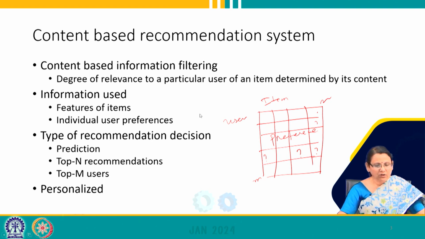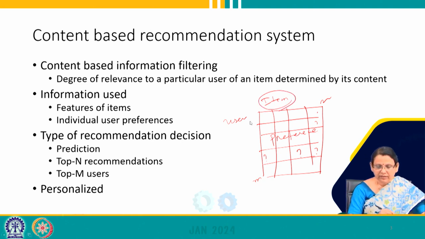So, now in this content based information filtering system, the content of the item is very important. Now, what do we mean by content of the item? Consider the case of a news recommender system.